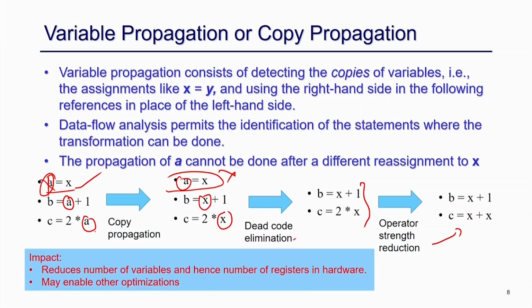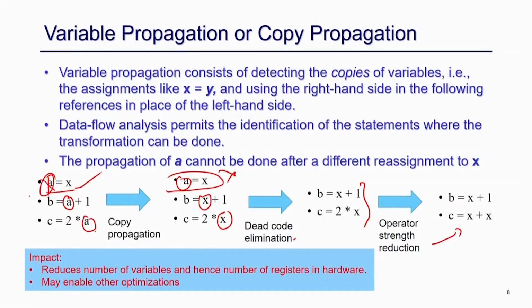For example, here it enables dead code elimination, and in some scenarios it might also enable operator strength reduction, constant propagation or other optimizations. We also do not have to maintain two different variables, two registers, and their interconnections, so all those complexities go away. So it has a direct impact on the number of resources we need. This is an important operation, simple but useful.